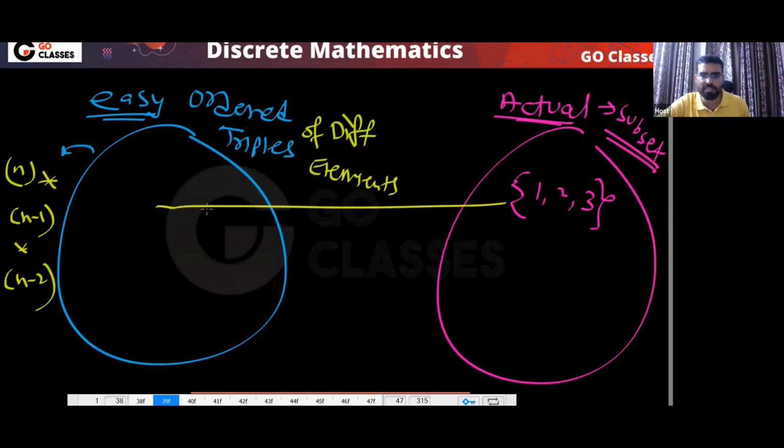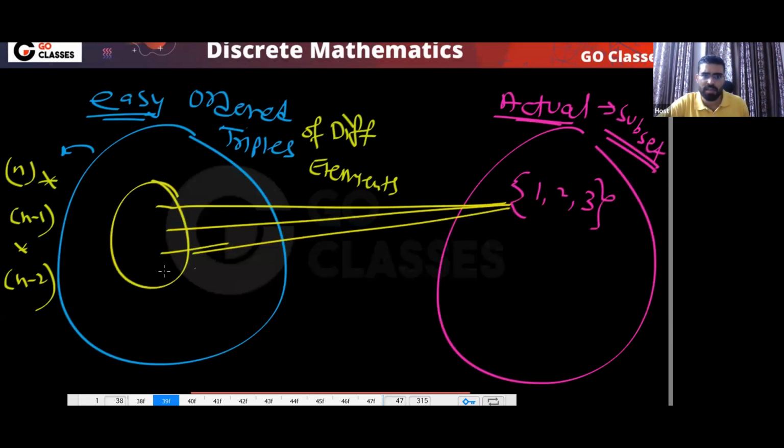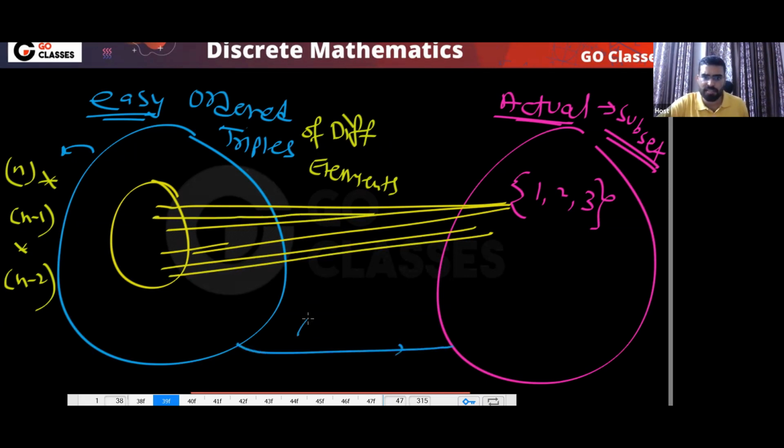You can notice that there will be a total of 6 pre-images. So this is a 6 to 1 correspondence.